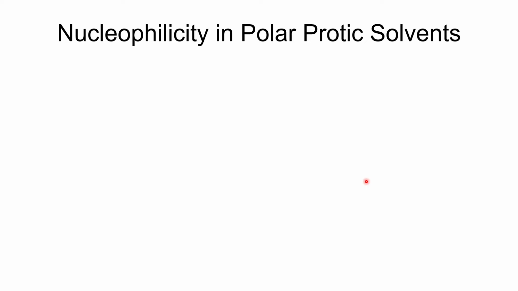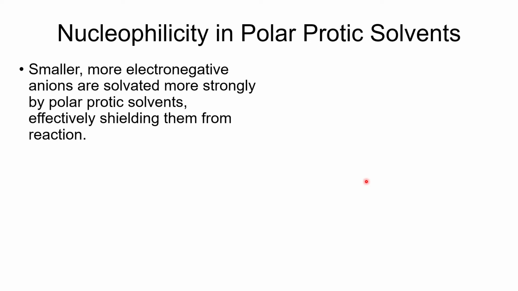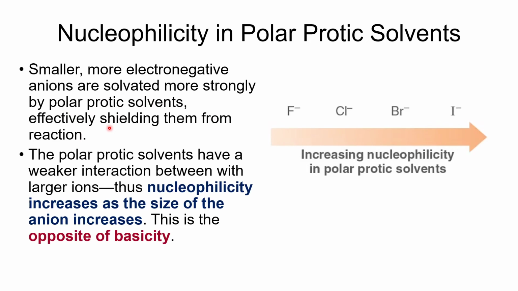Nucleophilicity in polar protic solvents will affect the smaller, more electronegative anions more. They're solvated more strongly by the polar protic solvents, and that effectively shields them from reacting. The hydrogen on that polar protic solvent interacts more strongly as it gets more basic. So fluoride has a very strong interaction with water, chloride is less strong, bromide is even weaker, and iodide is a very weak interaction.